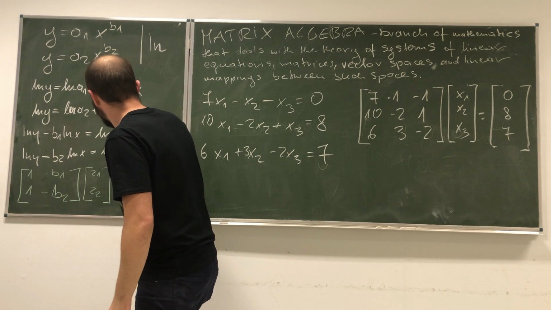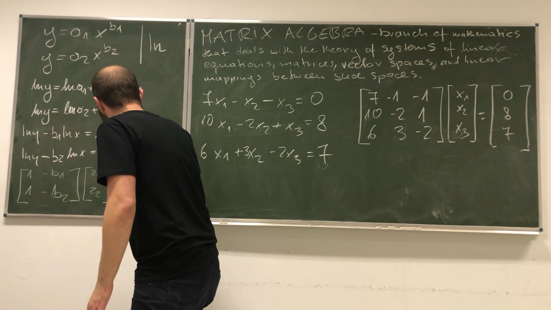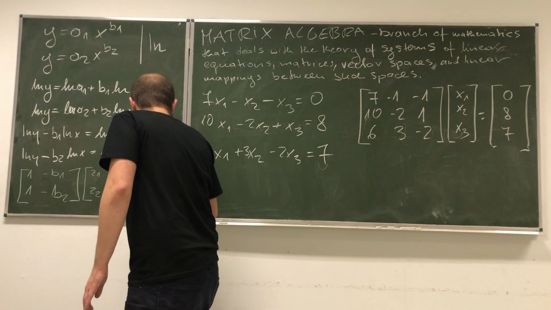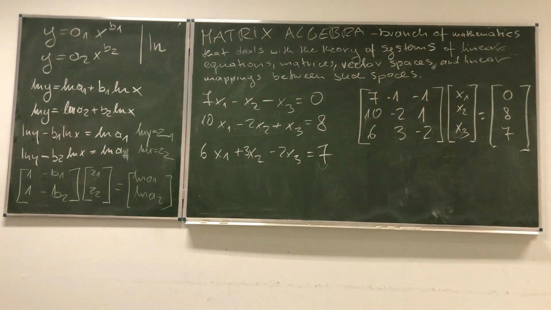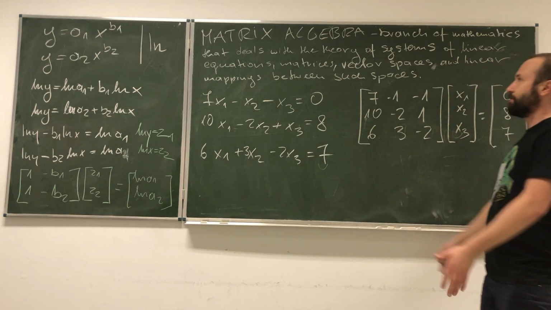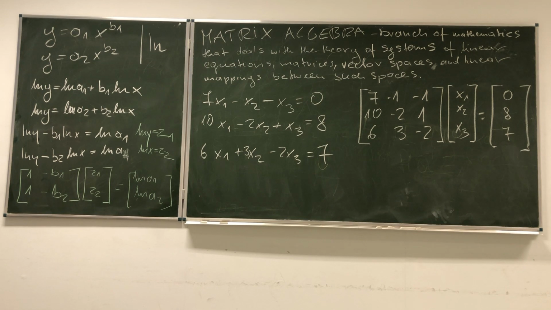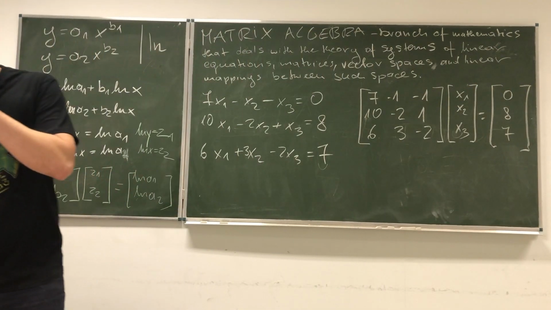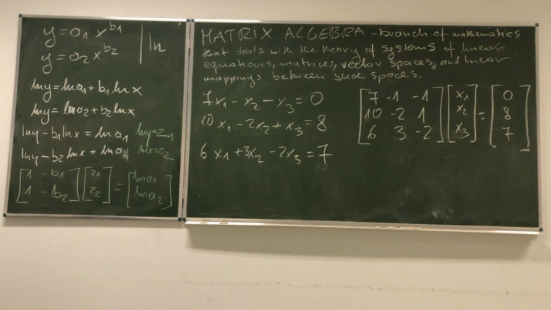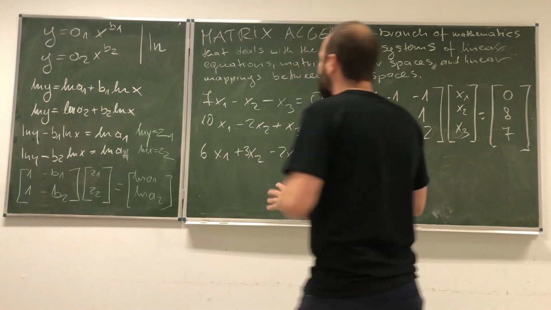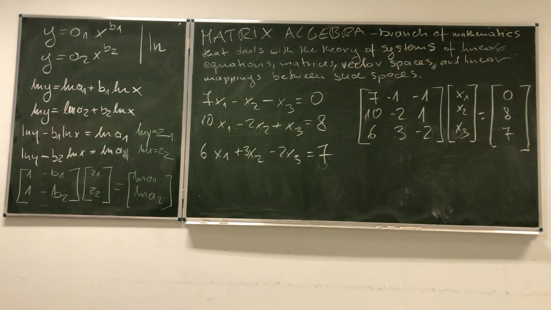Of course, here it should be ln a1, ln a2. So, everything that we learn about matrix algebra for systems of linear equations, we can also apply very often into situations where we do not have a linear equation.